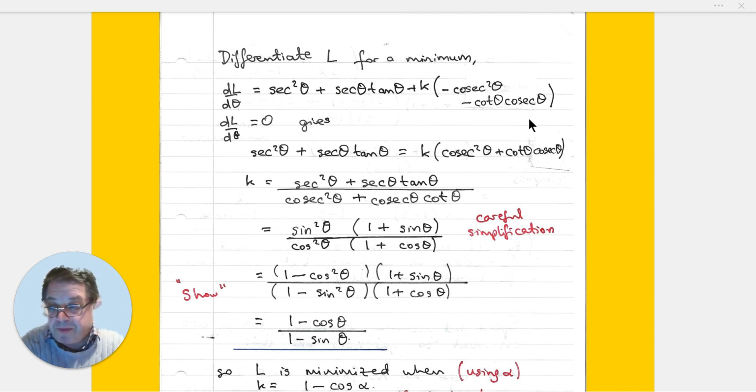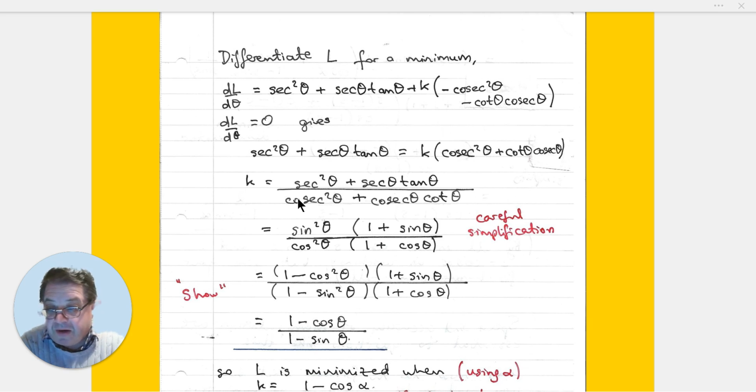The minimum point will be when dL d theta is naught, so sec theta add sec theta tan theta equals k cosec squared theta add cot theta cosec theta, which gives us an expression for k, which we need to simplify into the required form.